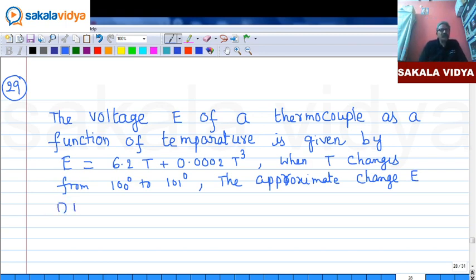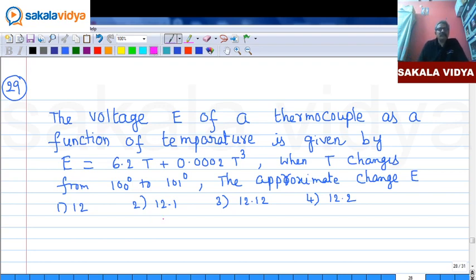First option is 12, second option is 12.1, third option is 12.12, fourth option is 12.2. So for this one, you differentiate both sides, that means find the differential.